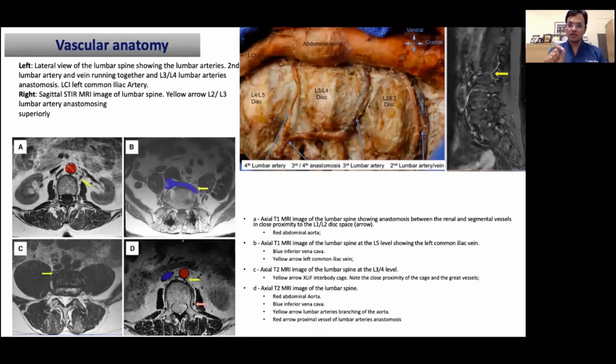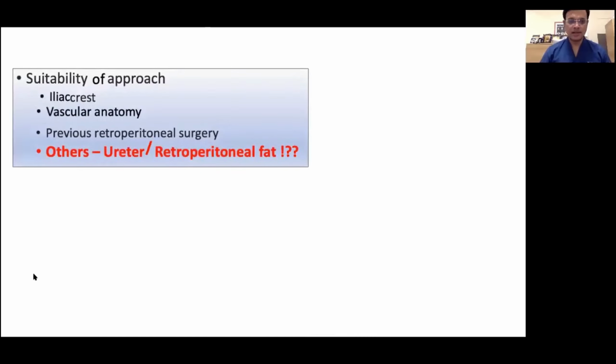Whether to specifically look for these abnormalities is a question, since they are present in a very significant number of patients, nearly 40% according to one study, who have some amount of vascular abnormality around the vertebral area which may impact the OLIF approach. But whether to actually do specific investigations to look for these anomalies or not, we'll consider in detail a little later.